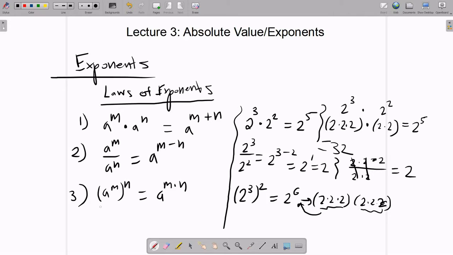The fourth law, let's see. If you have 2 bases, if you have 2 numbers, a, b, raised to the power of n, it will be the product of a to the n and b to the n. The example here will be 3 times 4 squared is equal to 3 squared times 4 squared.